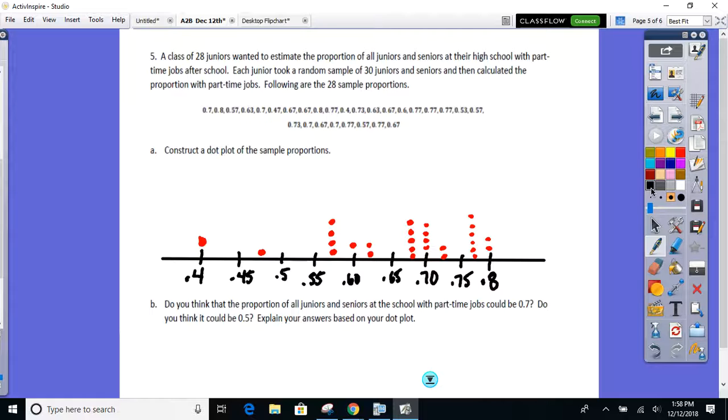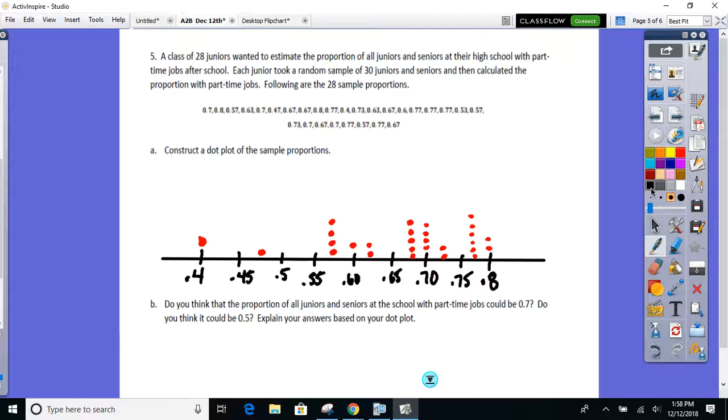So we can answer these last two questions together. Based on the dot plot now, do you think all juniors with part-time jobs could be 0.7? Do you think it could be 0.7? Could it be 0.7? Yeah, it could be.